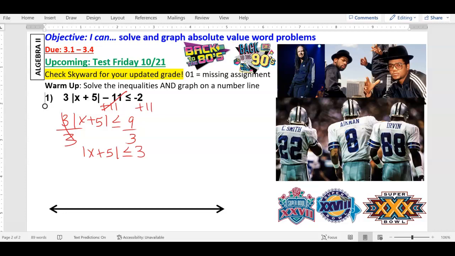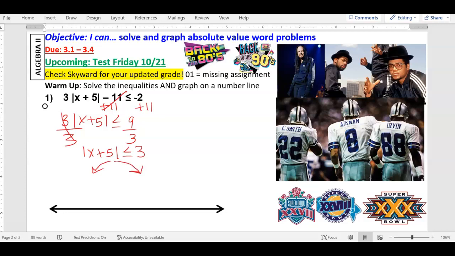Okay, now, do y'all remember from yesterday and 2 days ago on the notes? What do I do from here? Okay, absolute value splits into 2. Like literally the absolute value looks like it splits into 2, and it does. So go ahead and tell me what 2 things it splits into.